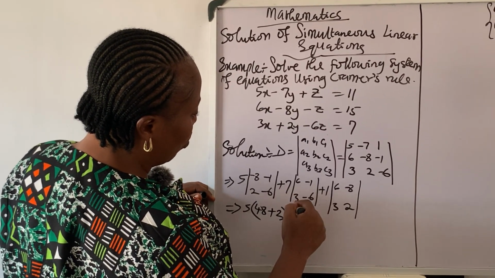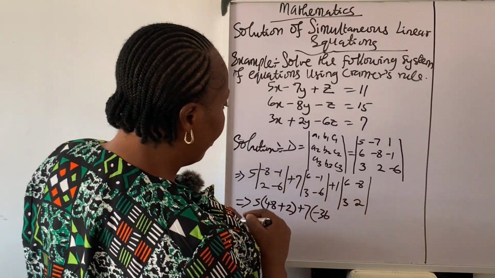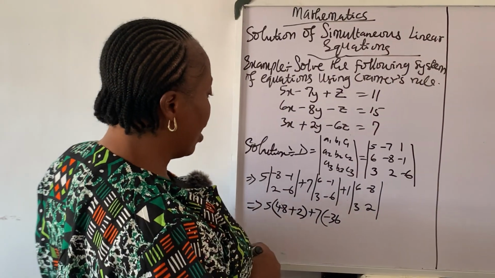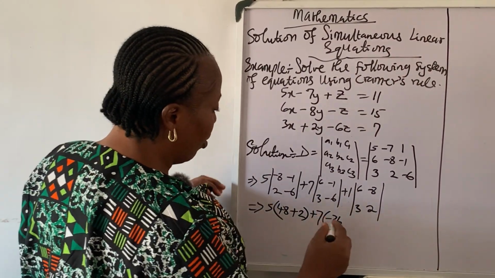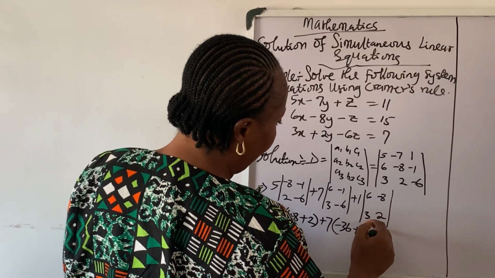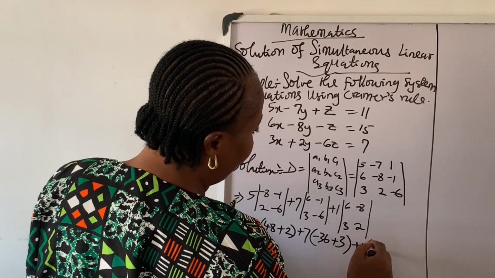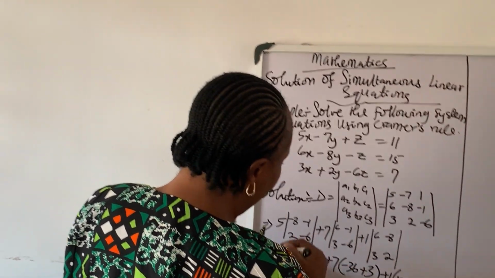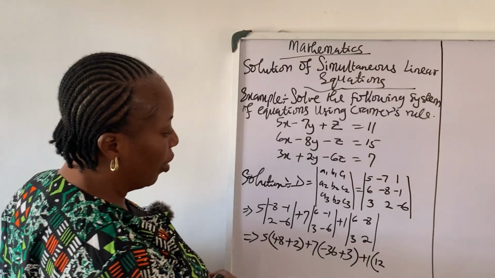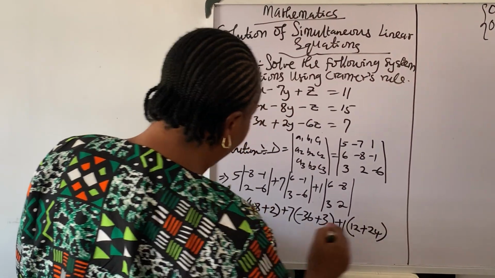Then -1 times 3 is -3, and times the minus, it becomes plus 3. Plus 1 into 6 times 2 is 12. Minus 8 times 3 is minus 24, times the minus, it becomes plus 24.